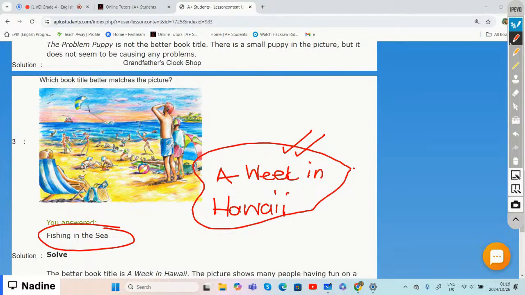It's nothing to do with fishing. It is about them having a good time being on holiday at the beach. So well done. A week in Hawaii is correct.